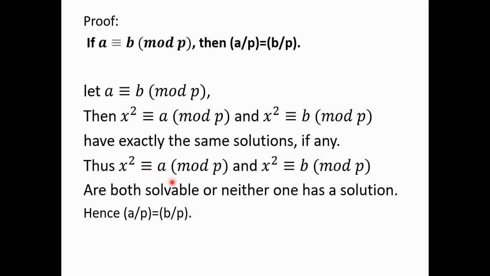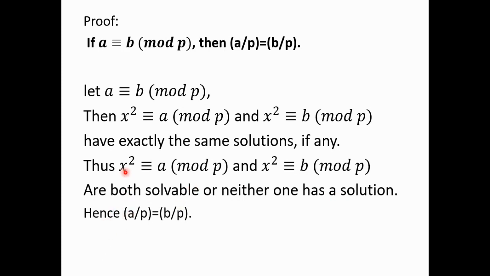Thus x square congruent to A modulo P and x square congruent to B modulo P are either both solvable or neither one has a solution.